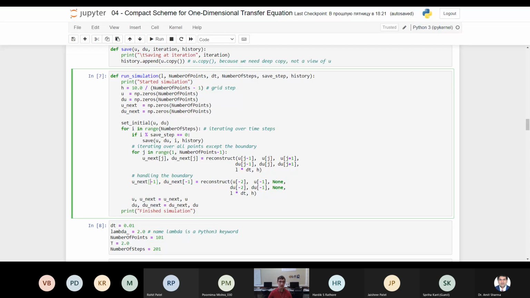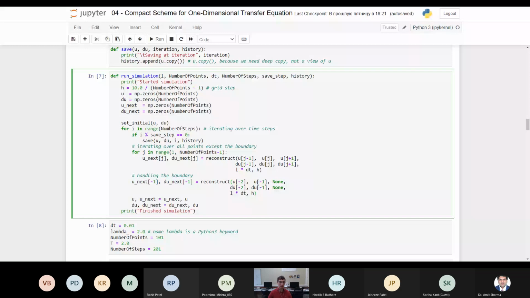We get the last element of the array by the -1 argument to the array, and we run the same reconstruct procedure, and as the next grid points we just pass None values because there is no point next to the right from the right boundary.